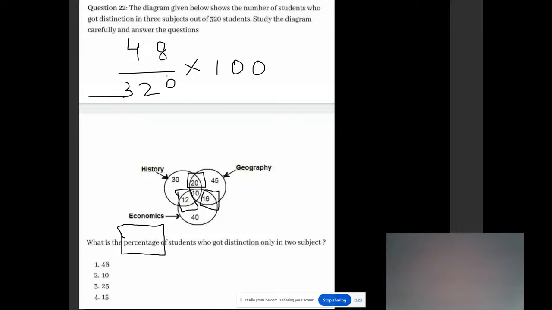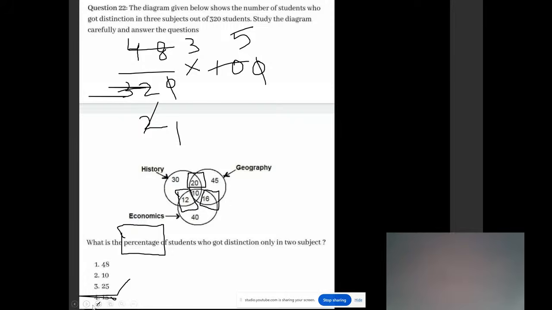Now we should simplify this one. So 16 into 2 is 32, 16 into 3 is 48. 2 into 1, 2 into 5, 3 into 5 is 15. So 15% is the correct answer, which is option 4.